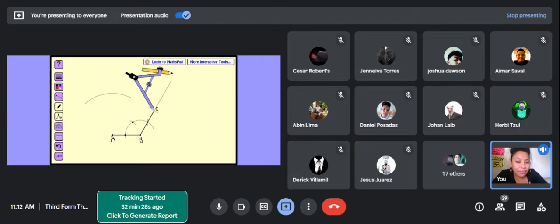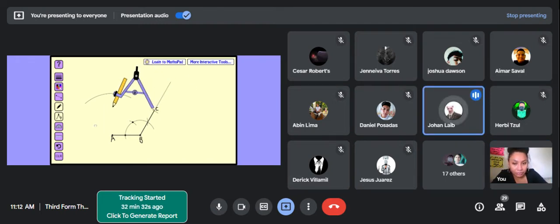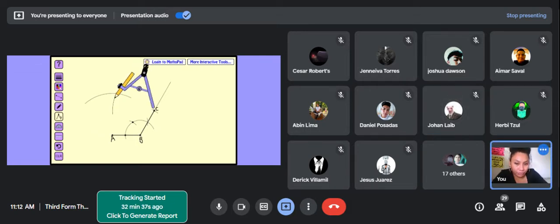With the same measurement, you are going to go to C and do the same thing. How much? 5.2. Same measurement, one arc from A and one arc from C.